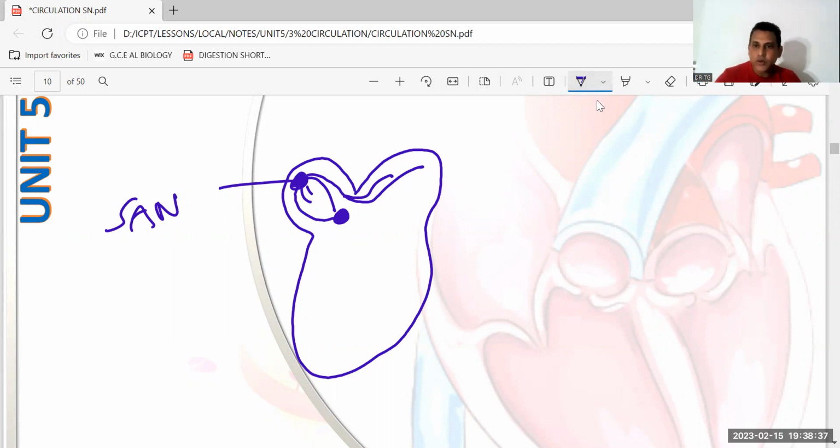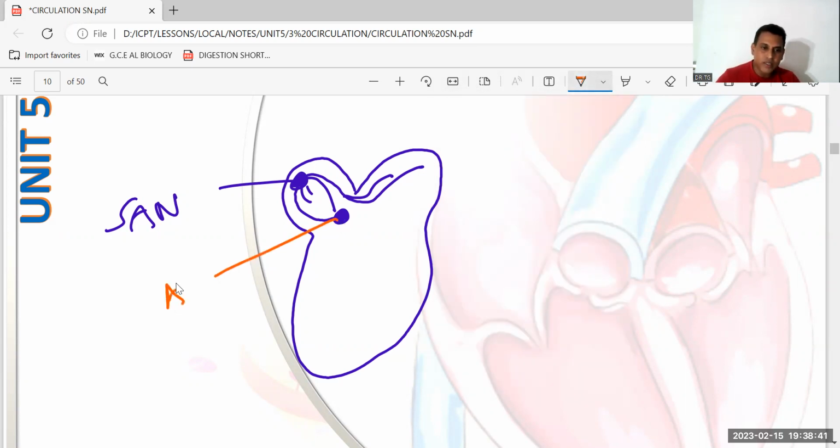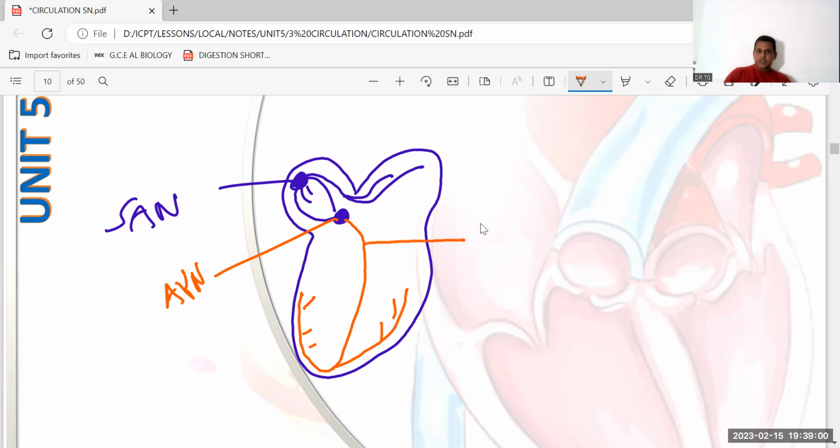Now, the story continues from this AV node. Then there is another connection, a separate connection going to the ventricle side like this. And this separate connection is called the bundle of His.